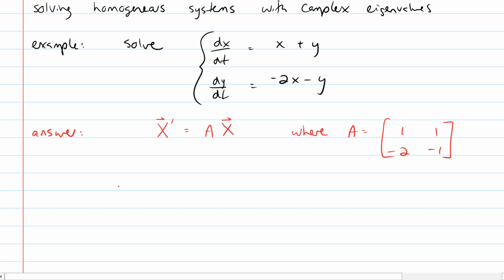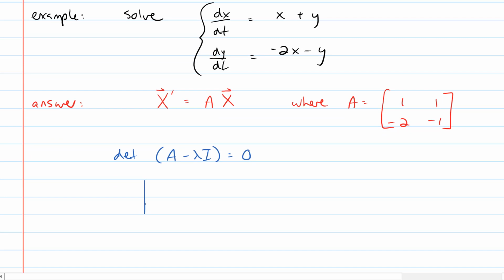In order to do that, we say that the determinant of A minus lambda I is equal to 0. So we're going to get 1 minus lambda and -1 minus lambda on the main diagonal. The off-diagonal elements are going to remain the same, 1 and -2.